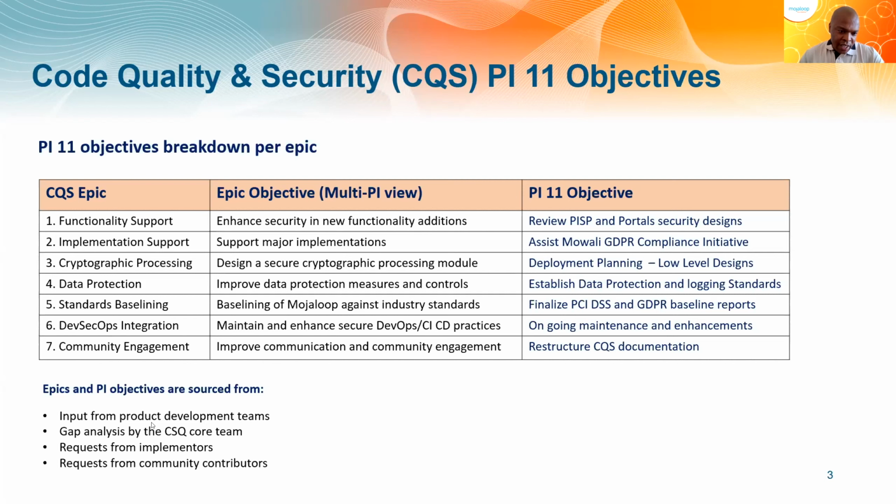We do that internally, and we've expanded it to everybody who's interested in contributing. Also very important, from time to time we get requests from implementers such as Mowali and TIPS, and from community contributors, to look at specific areas of the API. That's in a nutshell where we source the epics and objectives.